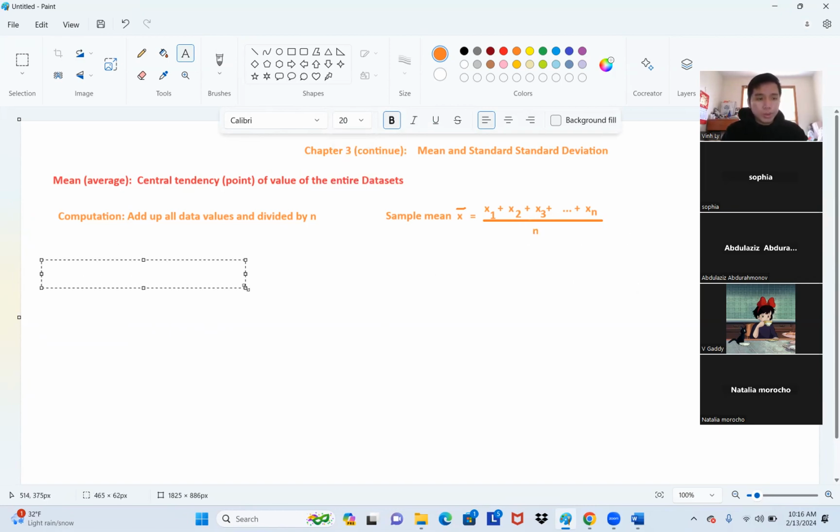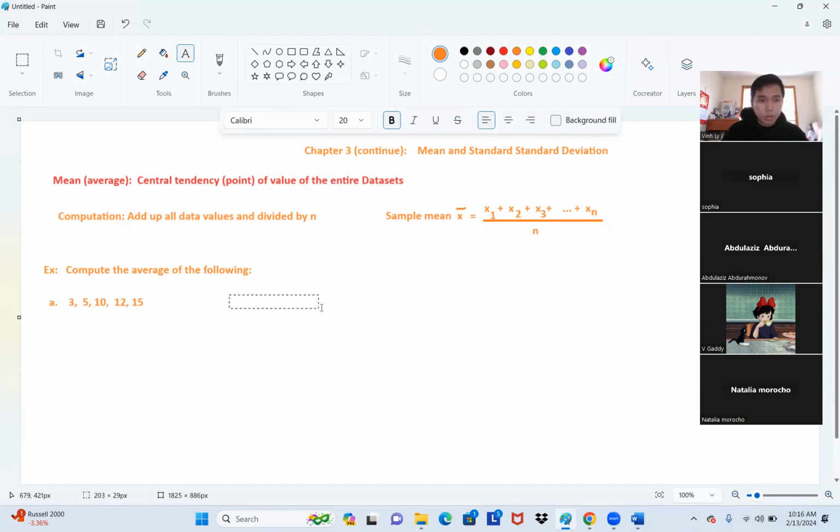All right, so let's take a look at a few examples. Compute the average of the following. Let's say we have a bunch of data set points: 3, 5, 10, 12, and 15.